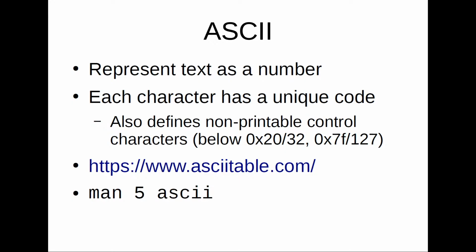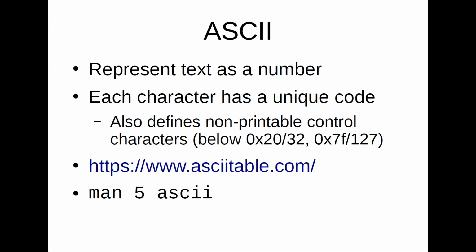Now, we also need a way to represent text as numbers so that computers can understand them. And just like regular text, each character needs to have a unique code. So ASCII was created because there were competing standards used by different companies or different machines, but ASCII is the most common today.